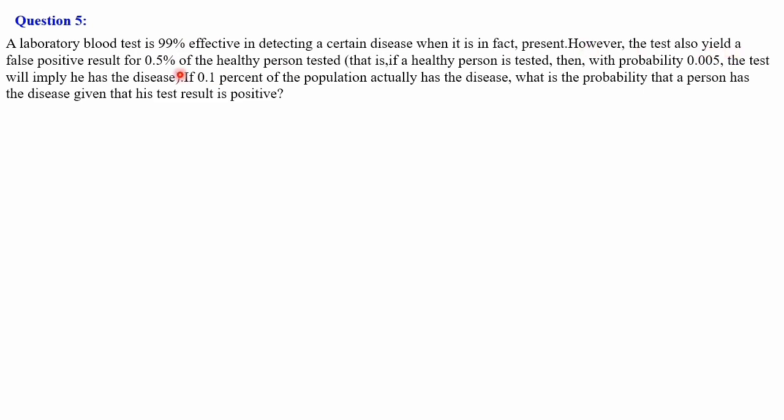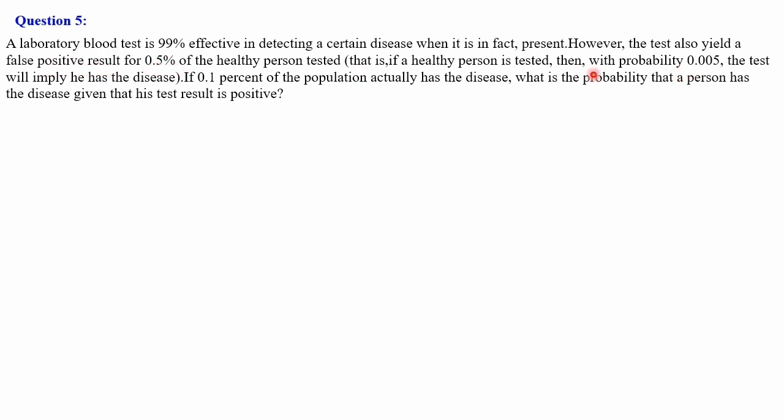However, the test also yields a false positive result for 0.5% of the healthy person tested. Means sometimes if a healthy person, means a person who is not having the disease, testing time also it may show positive result, that probability is 0.5%. Means a person who is not having disease will show the test is positive, the probability is 0.5%.